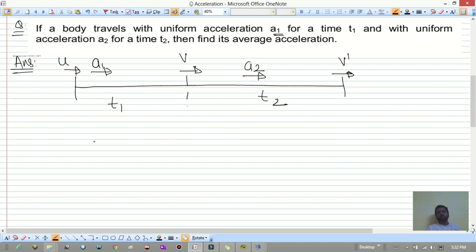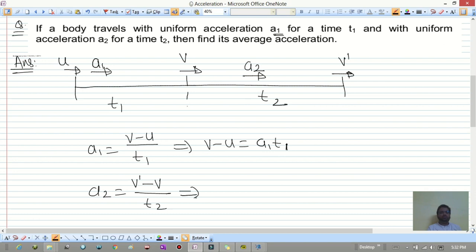Can we write a1 as v minus u, the change in velocity, divided by time t1? So from this, v minus u is a1 t1. What is a2 then? a2 is v dash, the final velocity, minus the initial velocity v, divided by t2. So v dash minus v is equal to a2 t2.